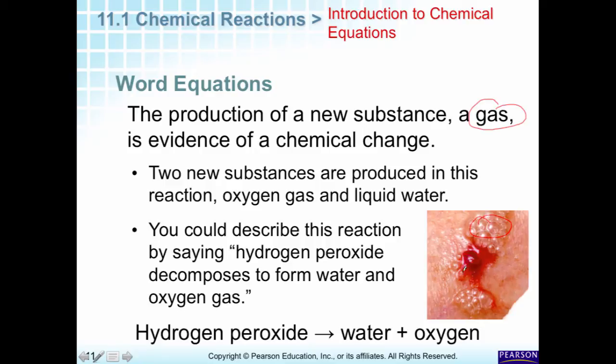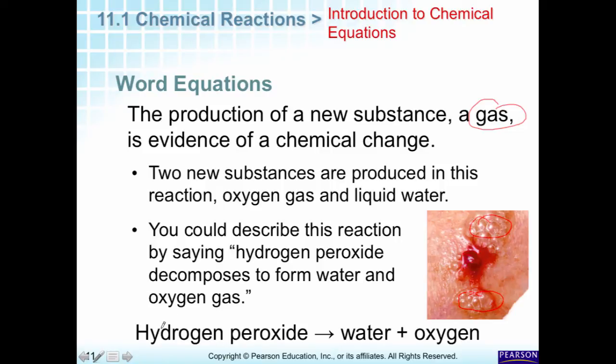These bubbles are gas. So we know that some gas was made from this liquid, hydrogen peroxide. So two new substances are produced in the reaction, oxygen gas and liquid water. So hydrogen peroxide decomposes to form water and oxygen gas.